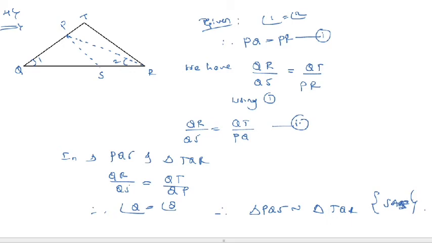Now, problem number 5. Question number 5 is like this. S and T are points on sides PR and QR of triangle PQR such that angle P is equal to angle RTS.